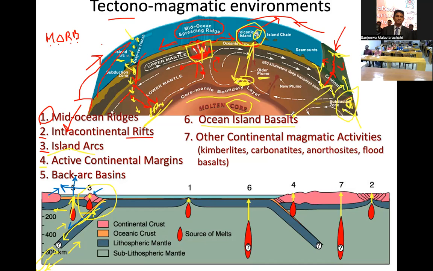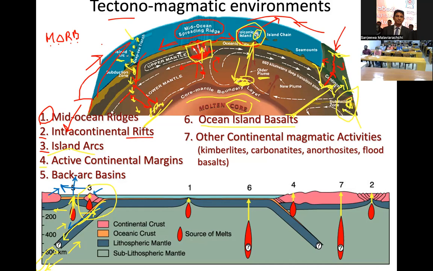But this type of plume flow can hit these huge supercontinents and break them into fragments. So that's how supercontinent dispersal takes place. That's why the supercontinent cycle is coeval with the plume cycle. Supercontinents are produced every 200 to 400 million years.